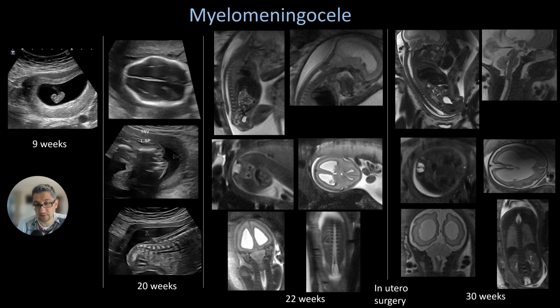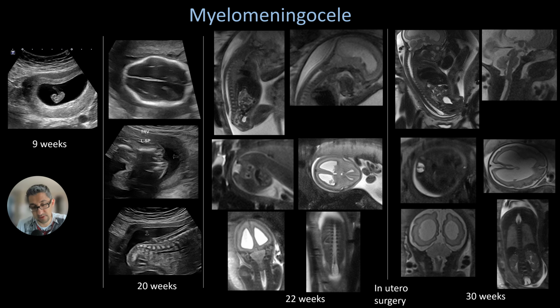So we confirmed our findings by fetal MRI at 22 weeks of life before surgery, and here you can see herniation of the cerebellum, ventricular dilatation, colpocephaly, and here myelomeningocele with defective posterior elements, and here is the neural placode.